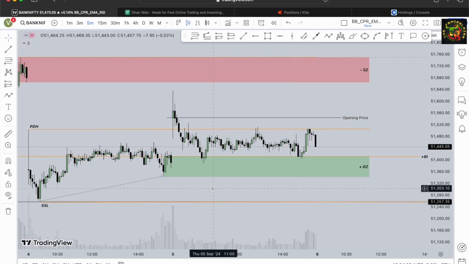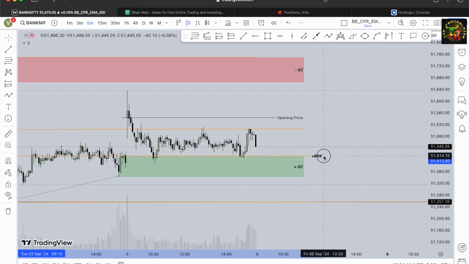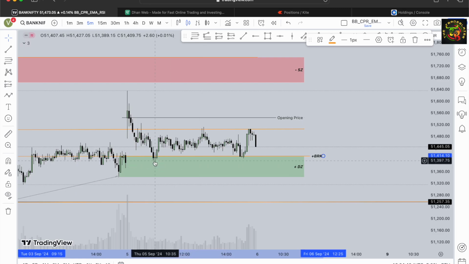So where can I go long? When the price comes back and touches this demand zone, we have the demand zone and the bullish breaker block, all these confirmations based on which we can go long here. But I went long here itself in the first couple of minutes.